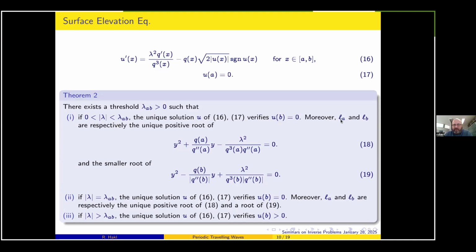There exist one-sided limits L sub A and L sub B, and these values are positive roots of certain quadratic equations. And if lambda is greater than this critical value, then U at the point B is positive.